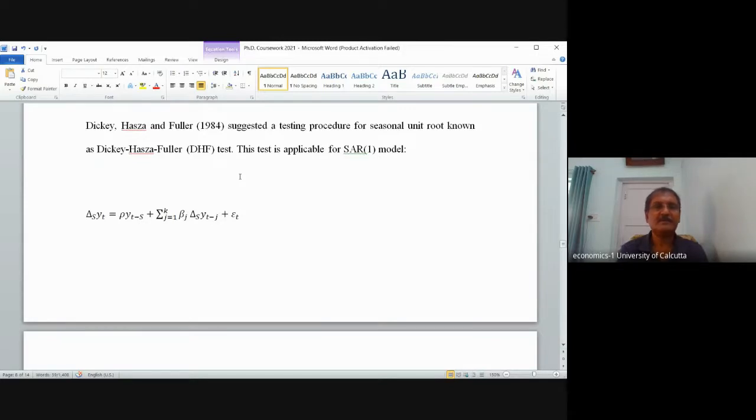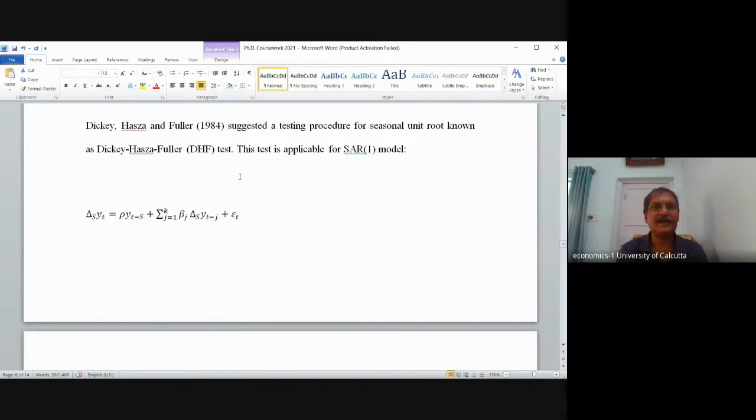So it is expressed as delta S YT is equal to rho YT minus S plus sum of beta J delta S YT minus J plus epsilon T. In the case of annual time series, S is equal to 1.